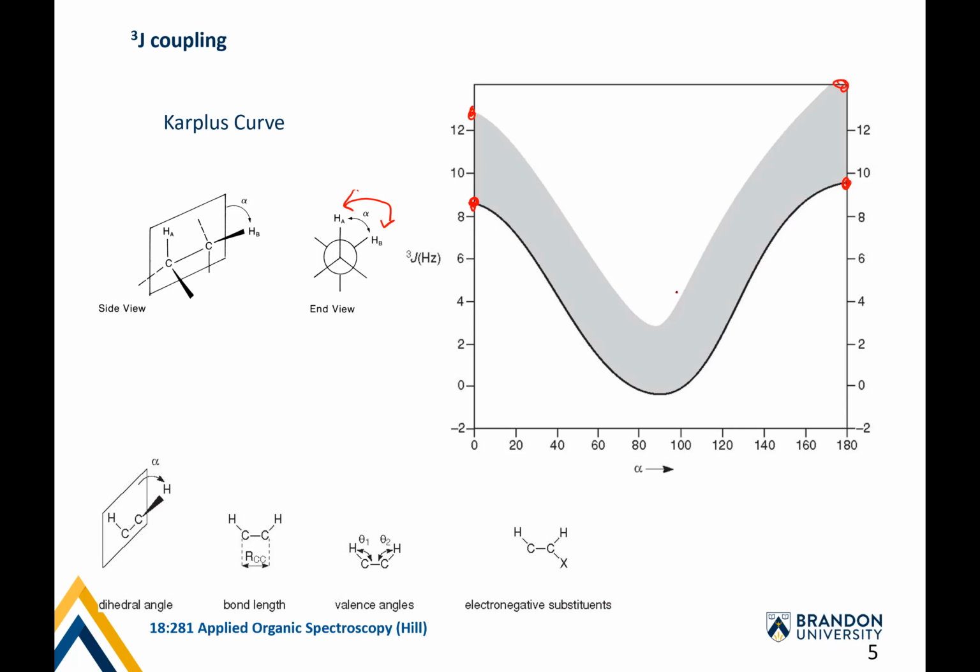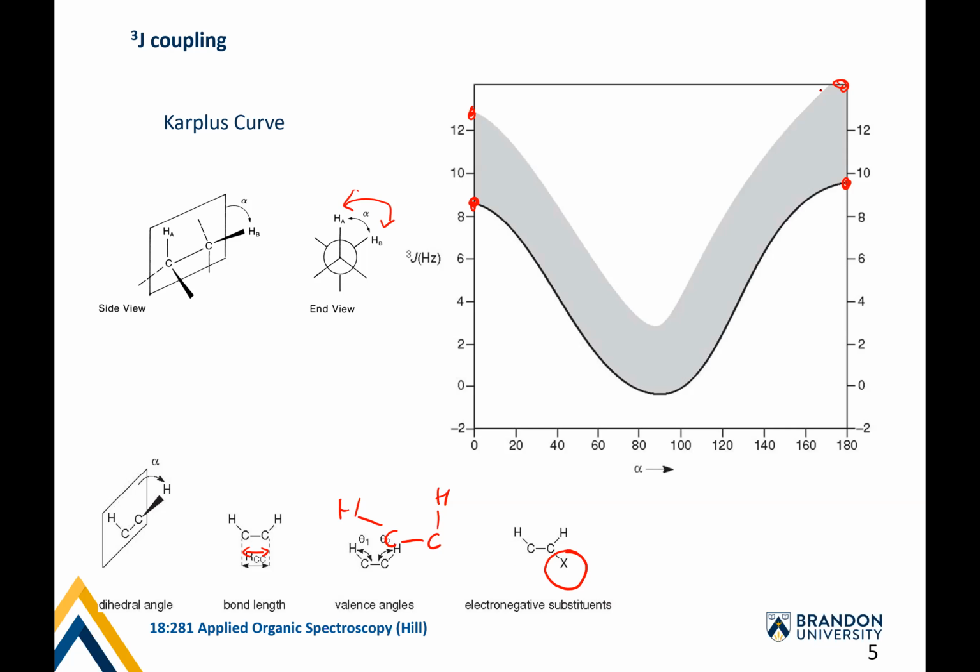And then the gray area here means the coupling values can go up if certain things happen, like the bond length is shorter, so that's what this is trying to depict here. If it's compressed somehow, if the bond angle is more straight as opposed to lying flat, if they're pushed up somehow, and then the presence of electronegative substituents can also increase it.